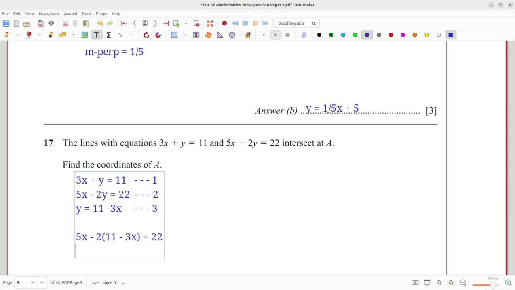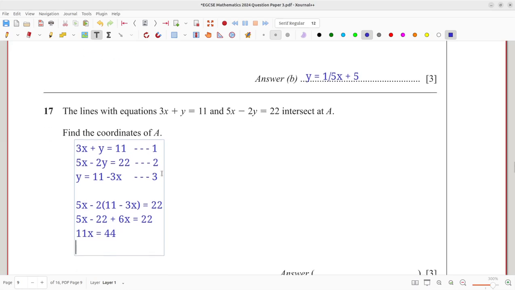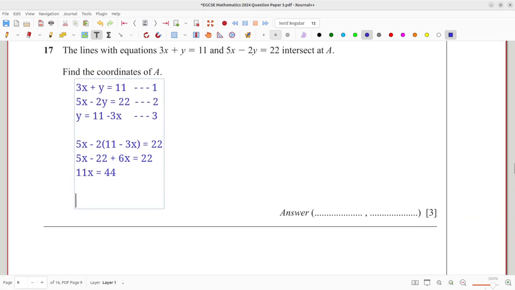So this is 5x minus 2 times 11 is 22 minus 3 times, that's a 6x is equals to 22. Taking the 22 on the other side, adding this 2, it's 11x is equals to 44. Divide by 11 on both sides. This is going to give you that your x is equals to 4.